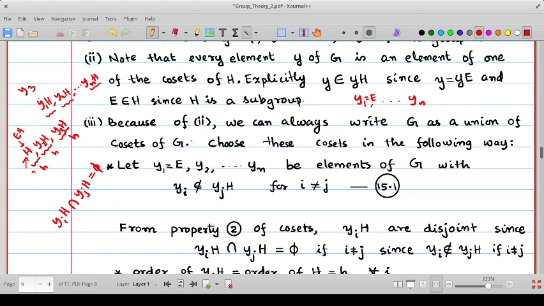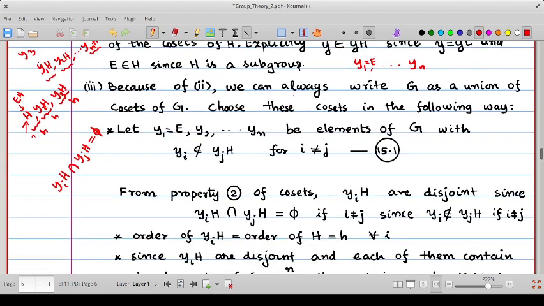Further, since we have exhausted all the elements of group G by this, we can see that if we take the union of all these yiH, the cosets, this will be equal to the group itself. Because this union will contain all elements of the group G, because any element of the group should be in one of the cosets.